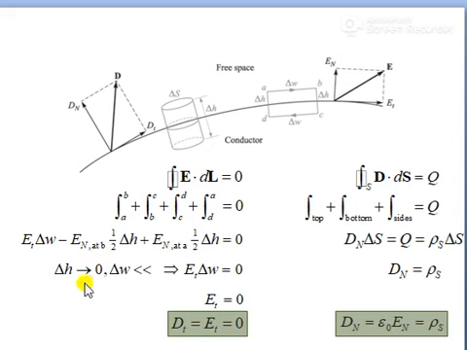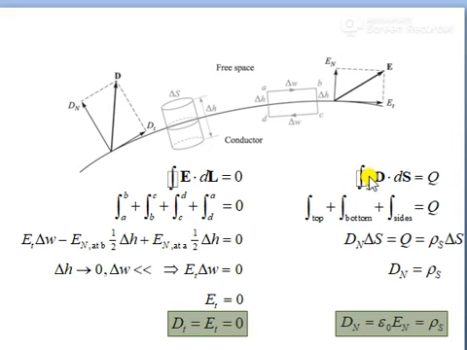But here as del H tends to 0, it becomes Et del W is equal to 0. Therefore Et is considered 0, and so Et and Dt are made 0.